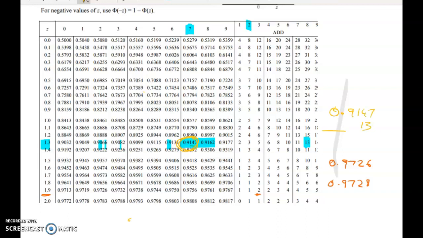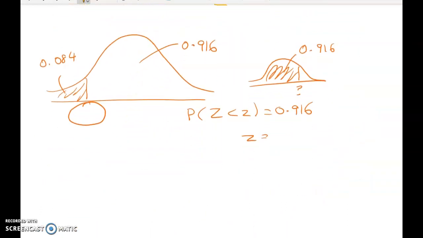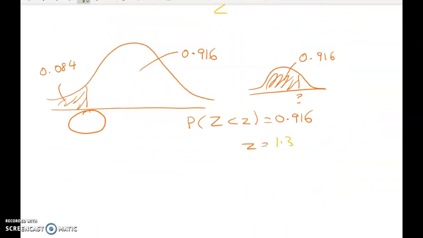And then I need to add on those 13 extras. Okay, so the value we've got here is going to be 1.378. So that's the value there, but I want the negative of that value, so that's negative 1.378.